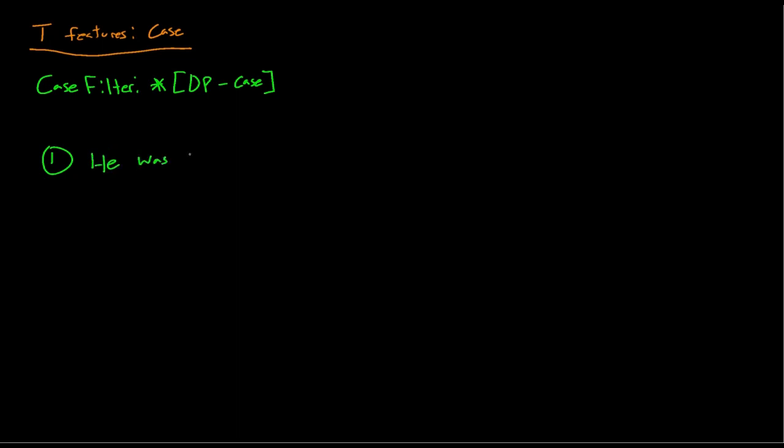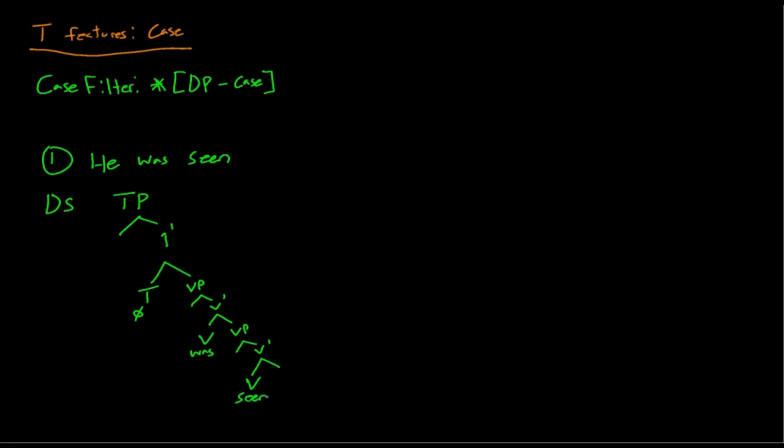And so at the level of DS, omitting the dominating CP, we have TP, T-bar, T, null, VP, V-bar, V was, VP, V-bar, V seen, and finally DP, he.